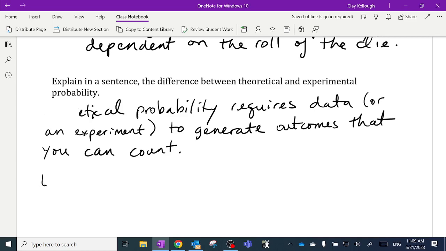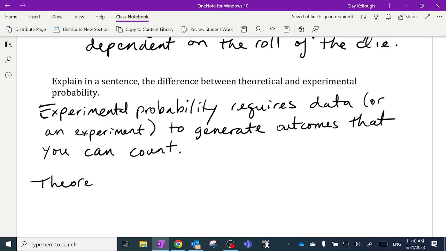Oh, sorry. Oh, I got this backwards. Can you fix that? Sorry, I need more coffee today. Experimental is what I meant to start with that one. Can you fix that? This is why you don't do your notes in pen. Experimental probability requires data or an experiment to generate outcomes that you can count.